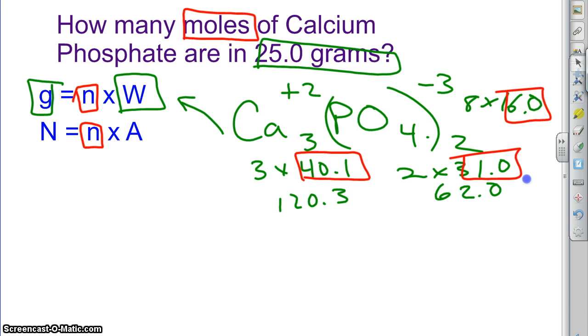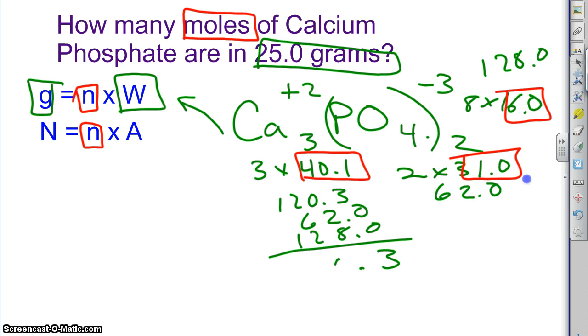And then I just multiply by how many there are. So I have 8 times 16, which is 128. I'm going to go one decimal place on each of these. So I have 120.3, 62.0, and 128. If I add those up, I get 310.3 grams per mole, and all of that is W.